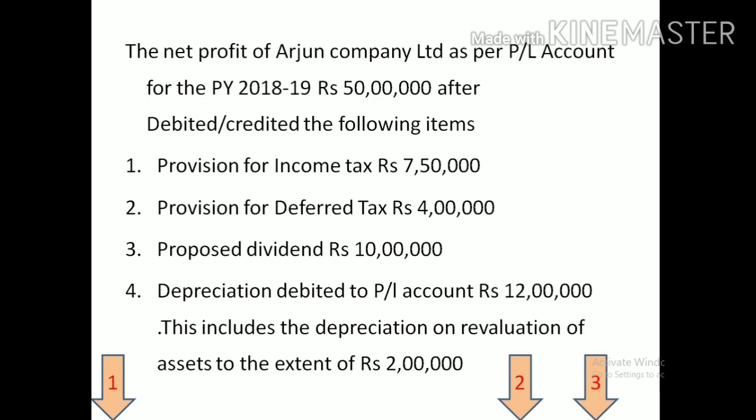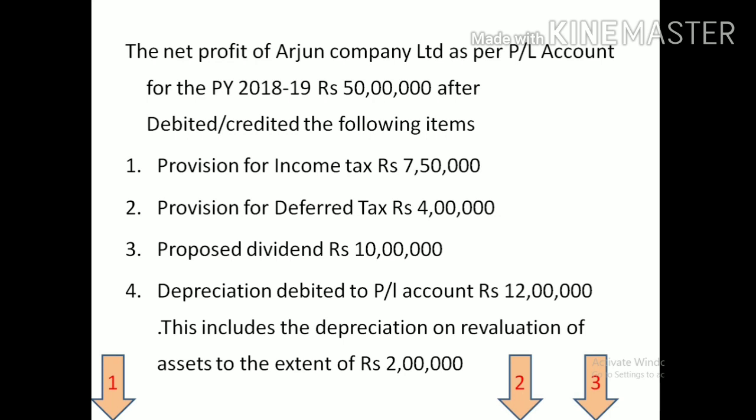One more very important thing: while calculating the book profit under MAT provision, be careful when you are adding some amount to the net profit. That transaction should already be recorded or debited. When you are deducting some amount, that item should already be recorded on the credit side.